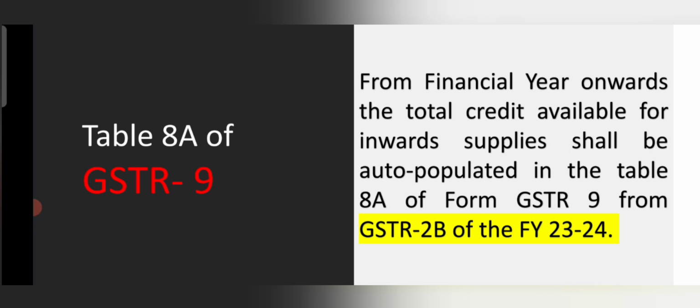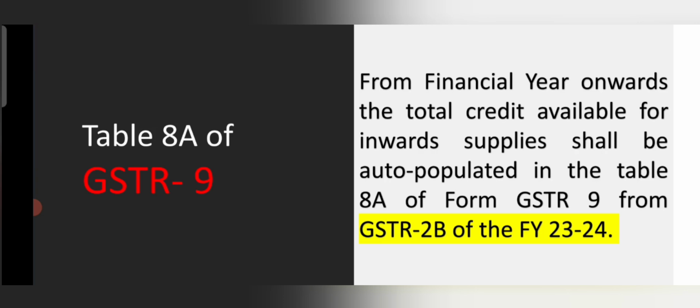Earlier, this value was auto-populated from the GSTR 2A. There is a difference between the GSTR 2A and 2B. As we all know, 2A is dynamic and 2B is static. Dynamic and static means that in 2A, if any invoice has been updated in the GSTR 1, then it will automatically be reflected in GSTR 2A on a real-time basis.